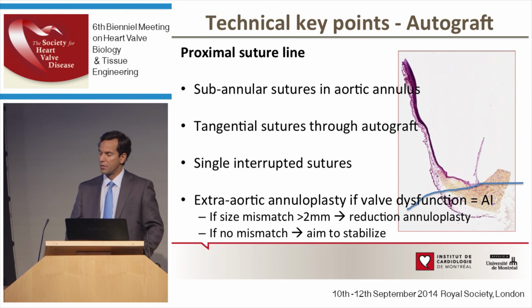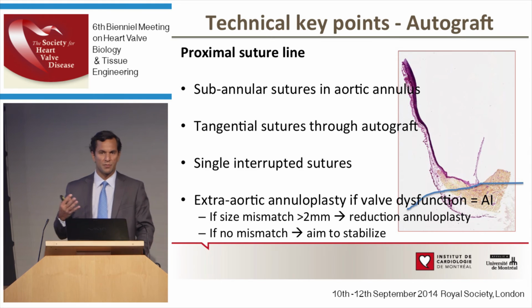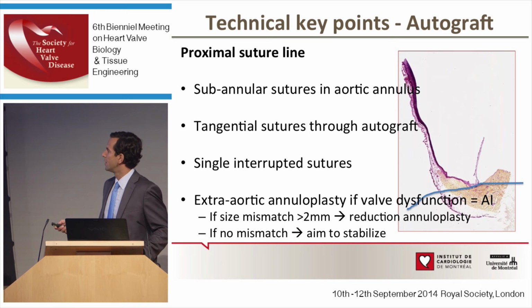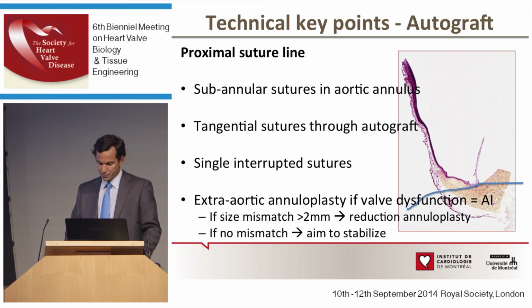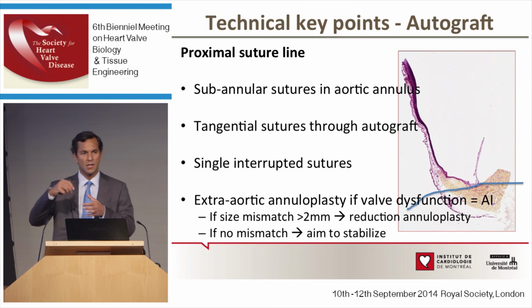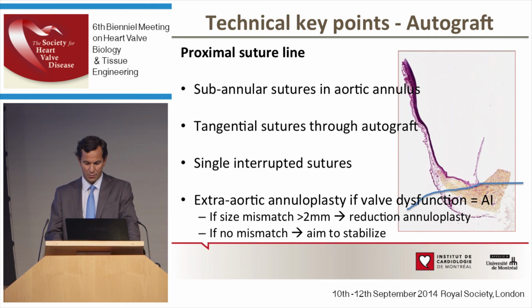But importantly, on the pulmonary side, as you can see here in a section of a pulmonary root, you can very well appreciate that the infundibular muscle is really what sits around the pulmonary leaflets, and there is no actual fibrous structure that one can call an annulus on the pulmonary side as one does on the aortic side. So these stitches have to be passed in a tangential fashion on the pulmonary side, exiting 1 or 2 millimeters above the level of the leaflet here, so that the root really sits in an intraannular position and is supported by the native aortic root.